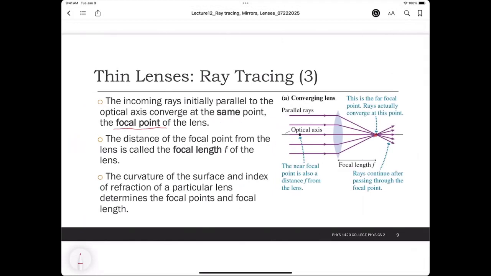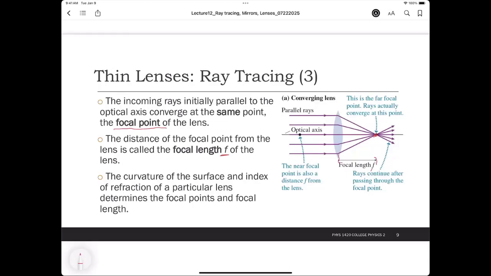The distance of the focal point from the lens is called the focal length f of the lens. This distance we call the focal length, and we use f to represent it. And this we call the focal point.